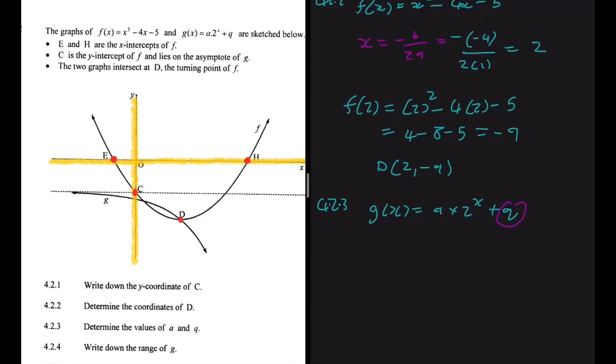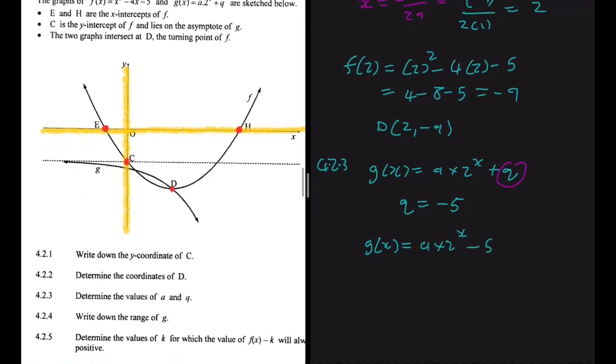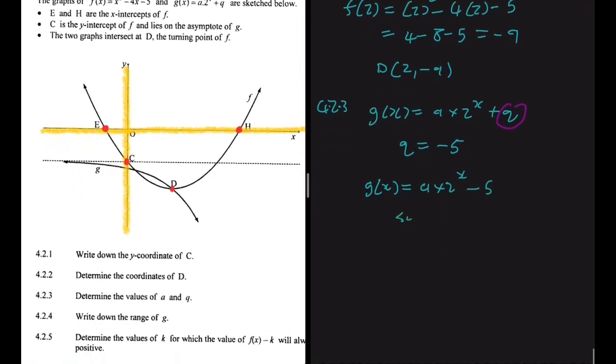So now we can easily say that q is equal to minus 5. So if q is equal to minus 5, then we have g of x equal to a multiplied by 2 to the x minus 5. Now what we can do here is substitute the coordinates of D so that we can find a. D has coordinates 2 and minus 9, and because D lies on f of x and g of x, we can substitute it in that equation.